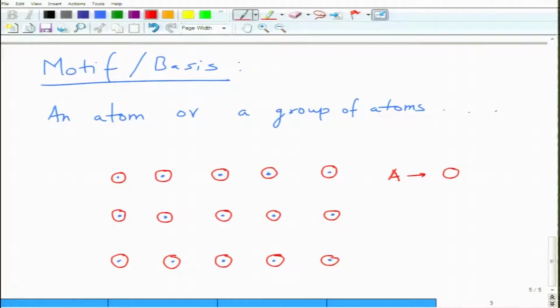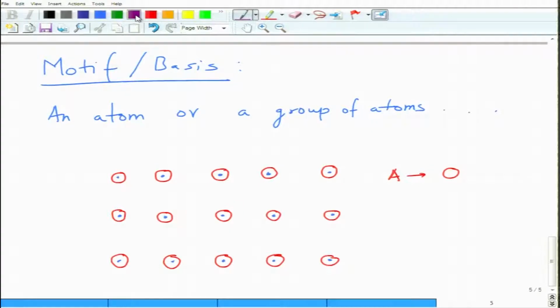Now, it does not need to be like this. For the sake of modification, I can convert this A into a molecule.